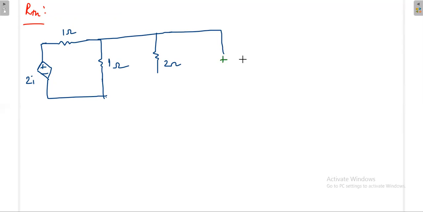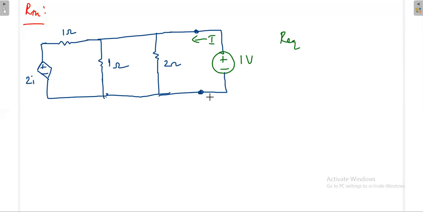The test source here is 1 volt. I am applying this test voltage, so this circuit definitely will draw some current from this test voltage. That current is I. That means I can find out R equivalent looking from this terminal. R equivalent is equal to V divided by I, which is 1 divided by I. So my final aim is to find out this I value.